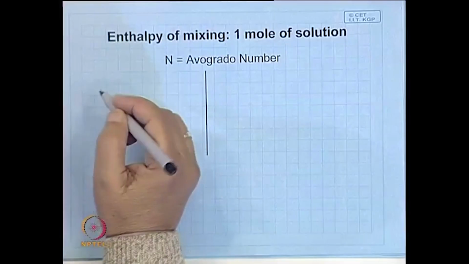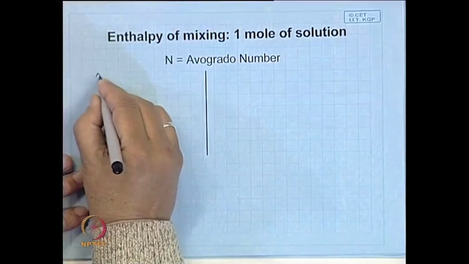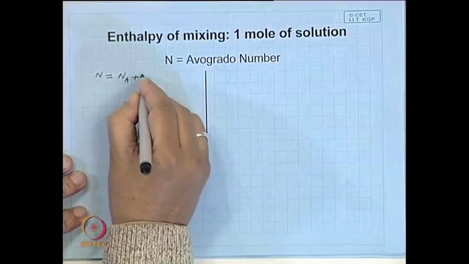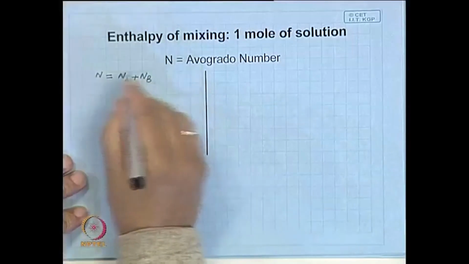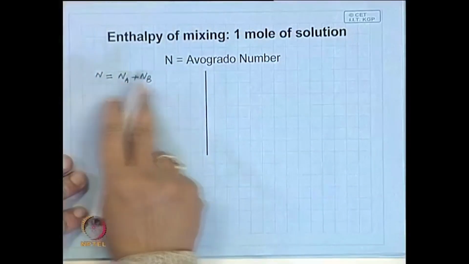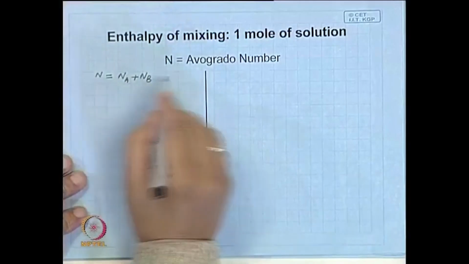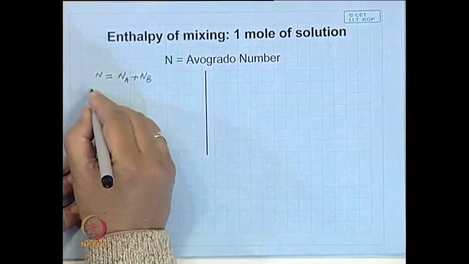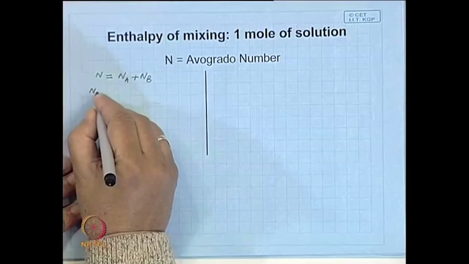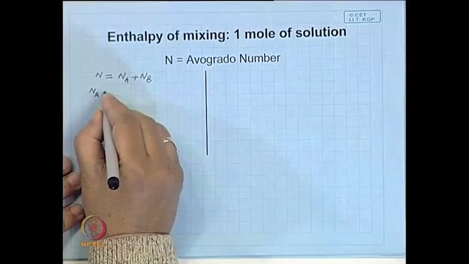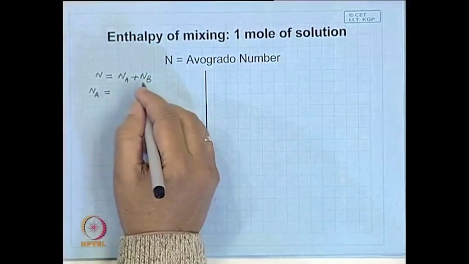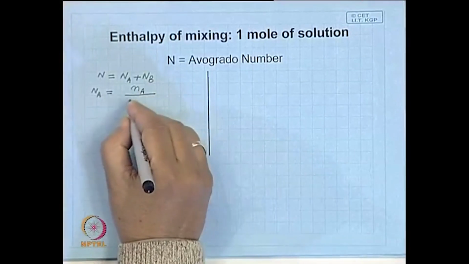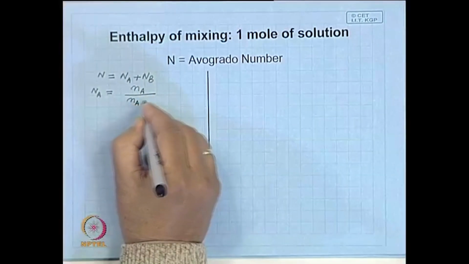Now, in this case, when you mix, you have a total number of atoms Na plus Nb. If we consider this is 1 mole of solution, then N is the Avogadro number. Then we have the atom fraction of A, which will be Na over this total number of atoms.